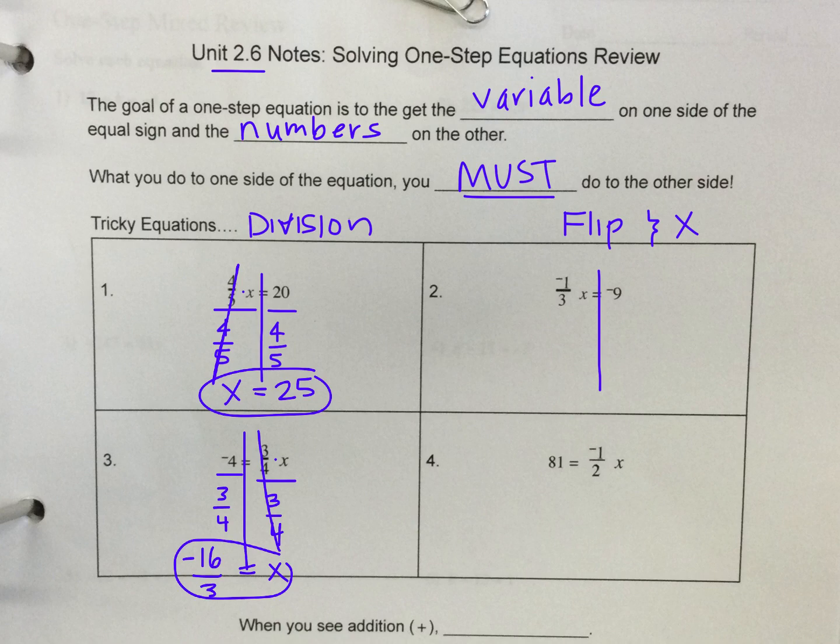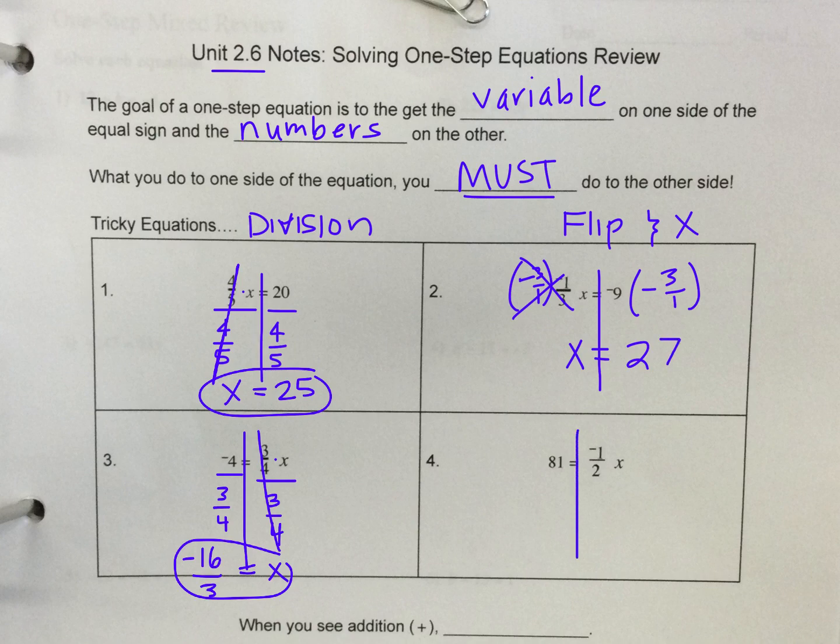Well, the opposite of -1/3 is -3/1. If I multiply those together, they cancel out. What I do to one side, I have to do to the other. So on the left, I have x, and on the right, -9 times -3/1 gives me a 27.